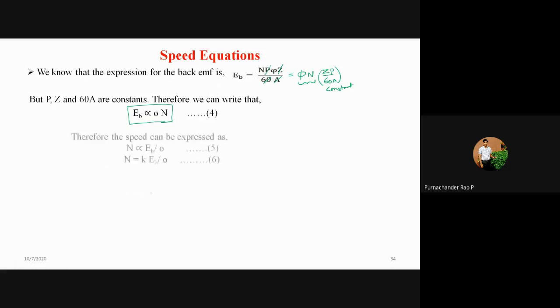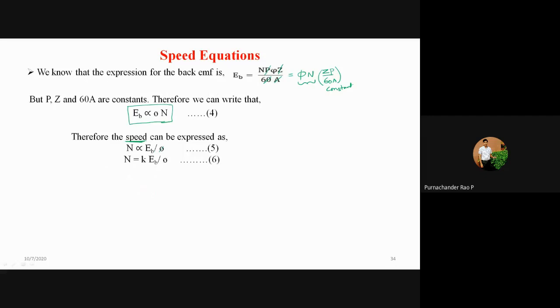Now if you want to find the speed, N is proportional to Eb divided by phi.